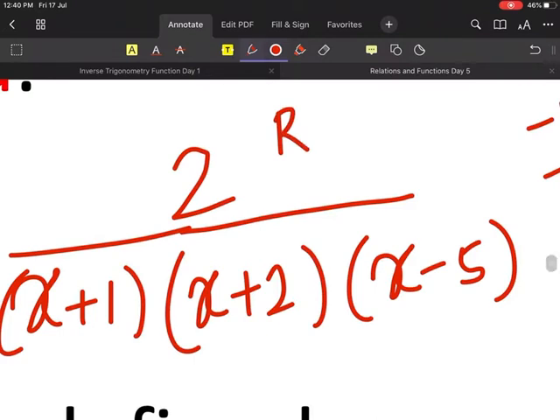R means all the possible numbers minus 1, minus 2 and 5. Everyone understood? Am I clear?